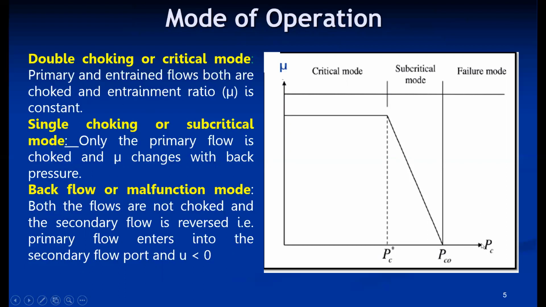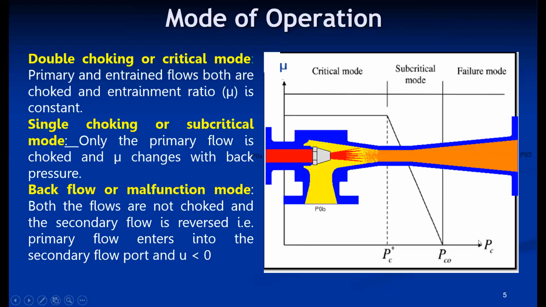If the condenser pressure is very high, suppose at this particular point, there is a possibility of backflow or malfunction of the mode. Because if the condenser pressure is very high, what will happen? Because this part is connected to the condenser, if the pressure at this point, observe the cursor, is greater than this pressure, then there is a possibility of back pressure.